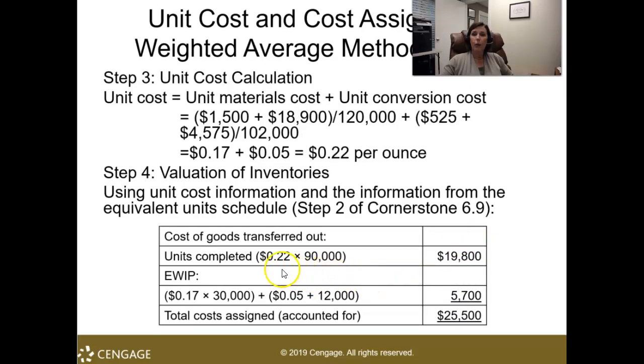But now we're looking at 22 cents for units completed at 90,000. And the split is 17 and 5, rather than, I think it was 18 and 5, for the cost to get us to our 25.5.